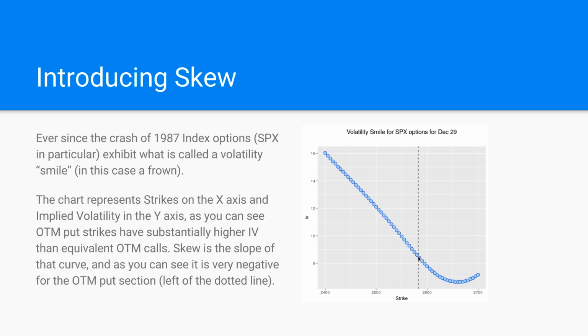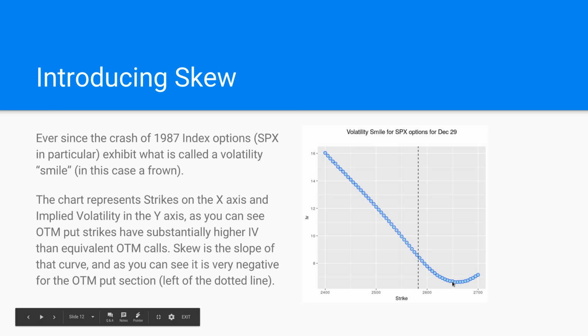So you can tell right here that the skew of SPX options on December 29 is negative. Not only is it negative, it's heavily negative because the slope is really high. That's something with SPX, and in fact it is negative pretty much all the way until here, which is, I don't know, like 2,650.